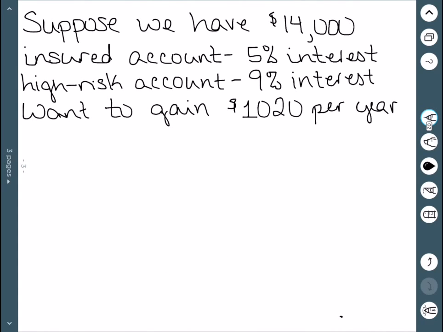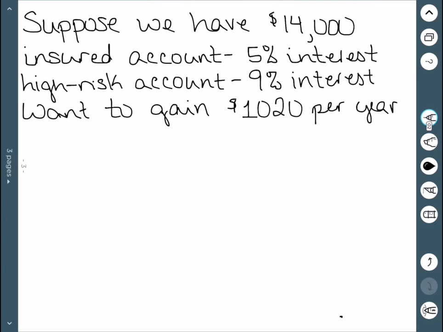Let's look at this problem. Let's suppose we have $14,000 we want to invest. We're going to split this between an insured account that has 5% interest and a high-risk account with 9% interest. And we want to gain $1,020 per year.